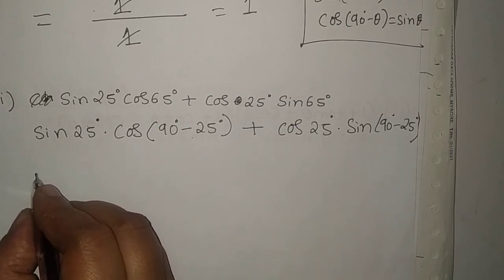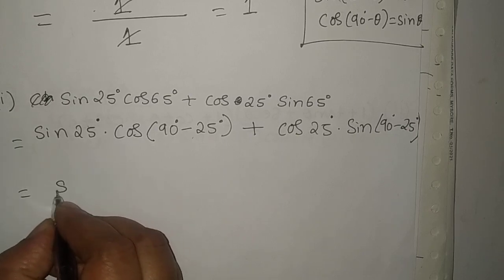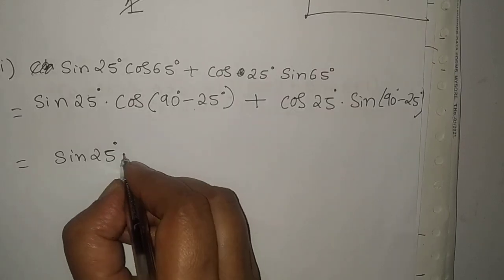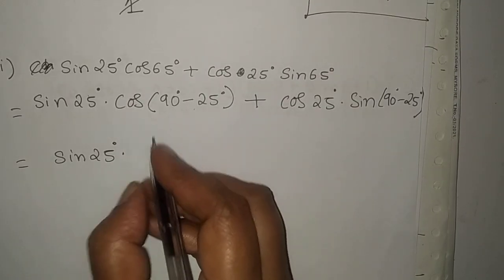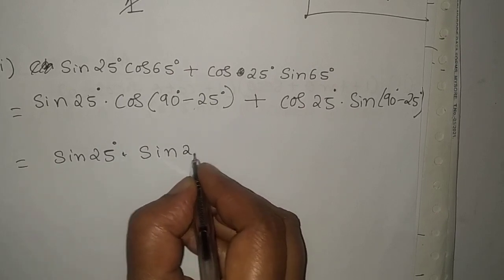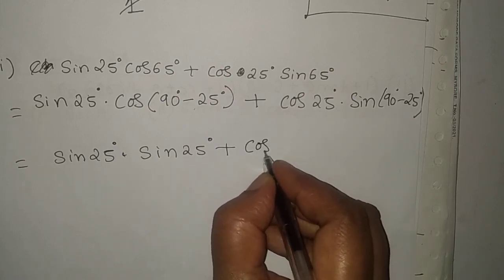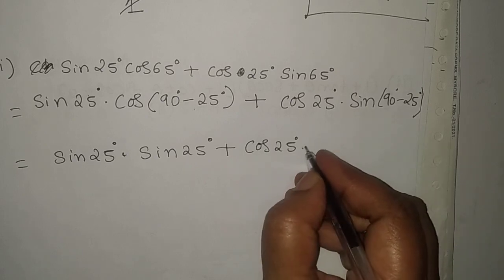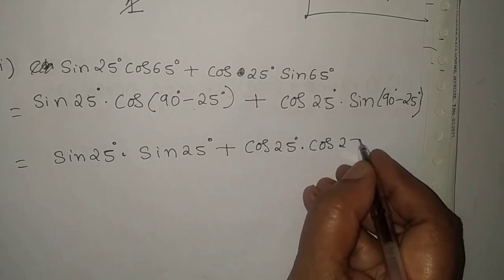So what happens? Write down sin 25 degrees as it is, then cos of 90 minus 25 will become sin 25 degree, plus cos 25 degree times sin of 90 minus 25, which is cos 25 degrees.